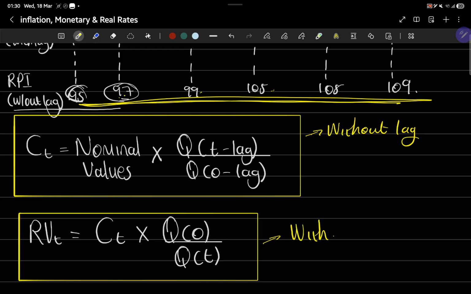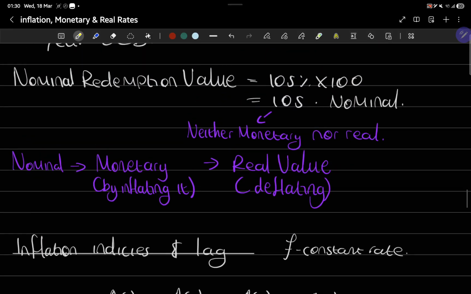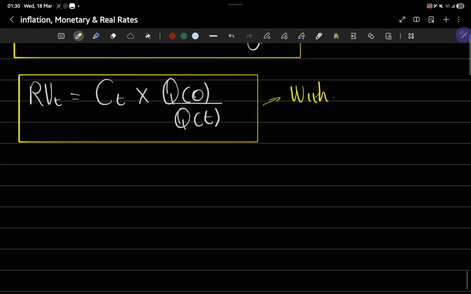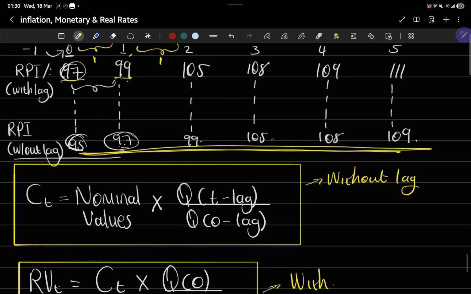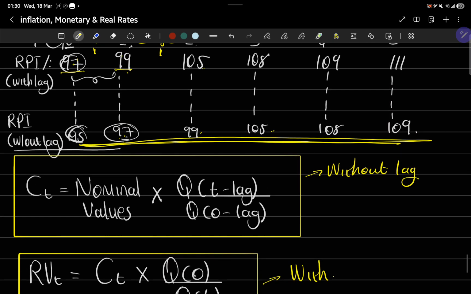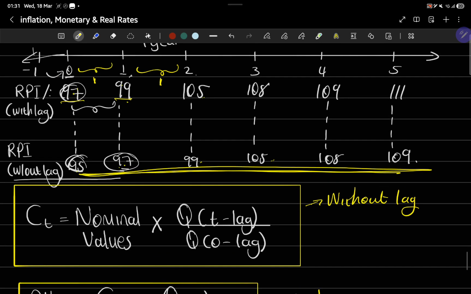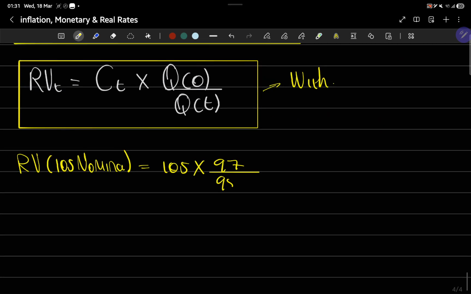This makes things a little bit interesting, right? Going back to our example of the zero coupon bond that is redeemable after 1 year at 105 nominal. To get the real value of this 105 nominal, remember it's after 1 year, we first transform it into a monetary value by saying 105 times the index at time 1 minus lag, which is 97, over the index at time 0 minus lag, which is 95 over 95.